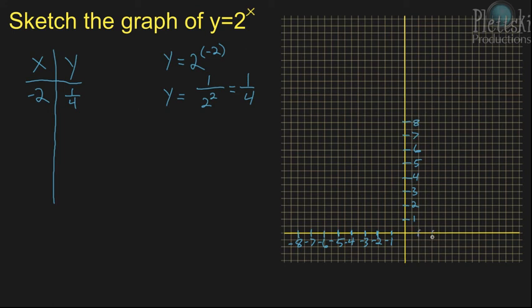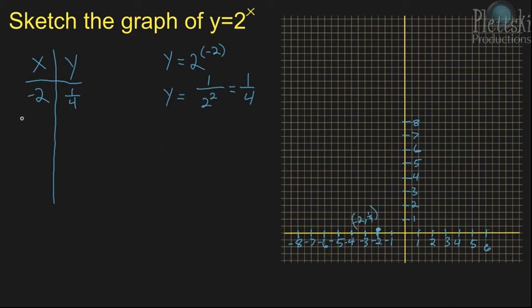And then 1, 2, 3, 4, 5, 6. Okay, so our first point here is -2 and 1/4. So you go -2 in the x direction, and then 1/4, which will be right about there.